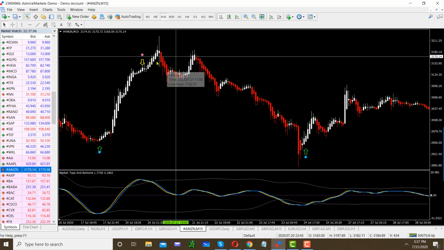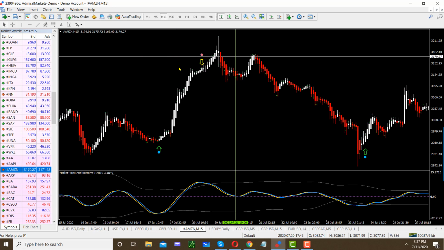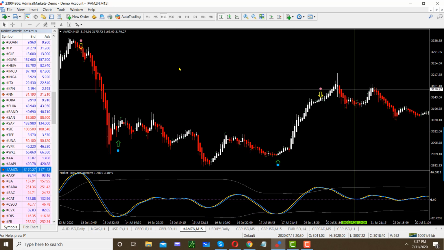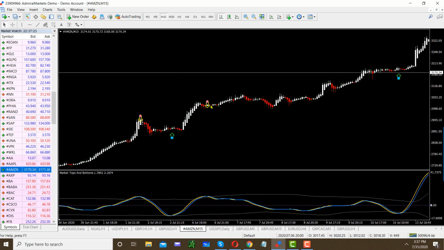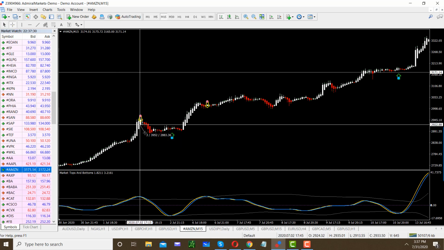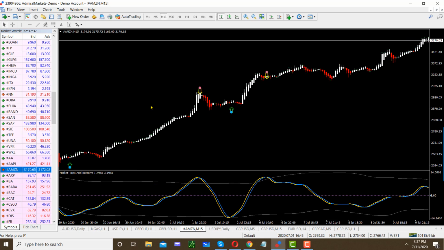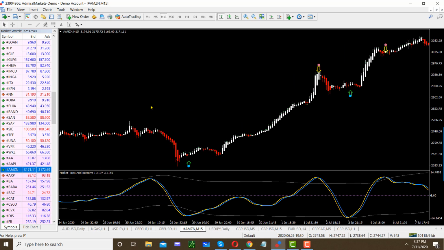We could have got an entry over here. This would probably be one where you would be stopped out at break even. Anyway, tons of trades. This one you wouldn't have got filled. This one you would have. Short little pop down. I mean, it's kind of crazy, but it went like $40 down. That's how big of a range this thing has.